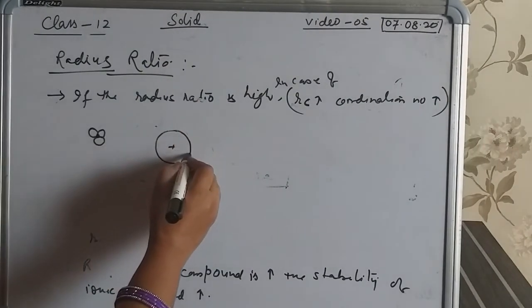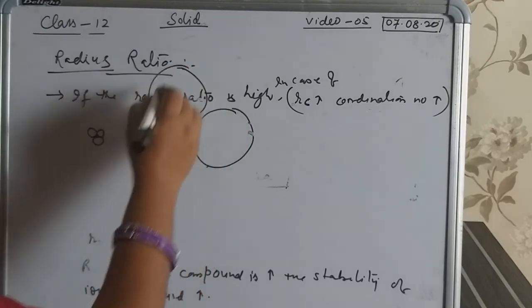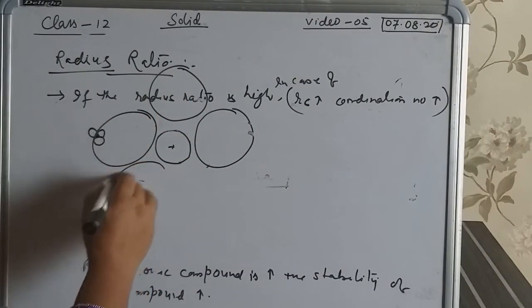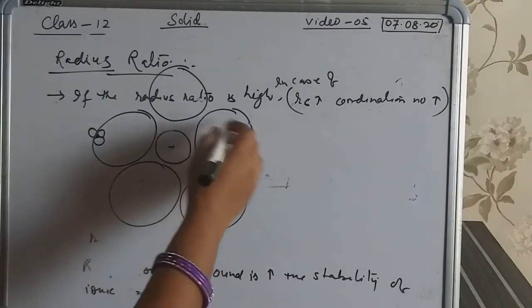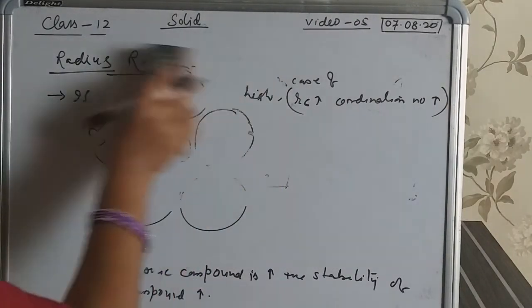Suppose the size of cation is this, so anions become like this, or so many, meaning the coordination number increases.